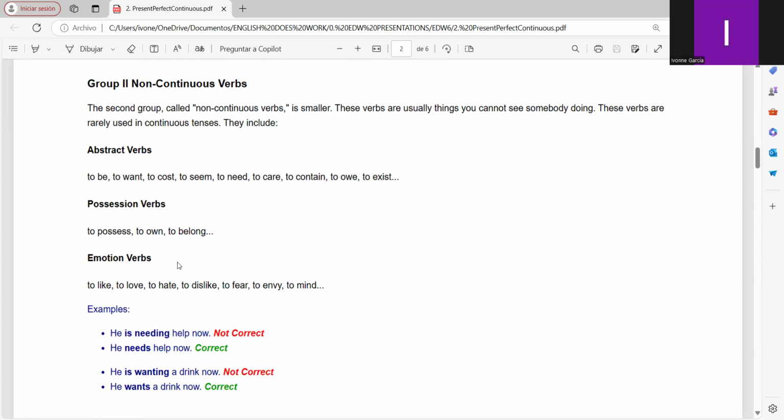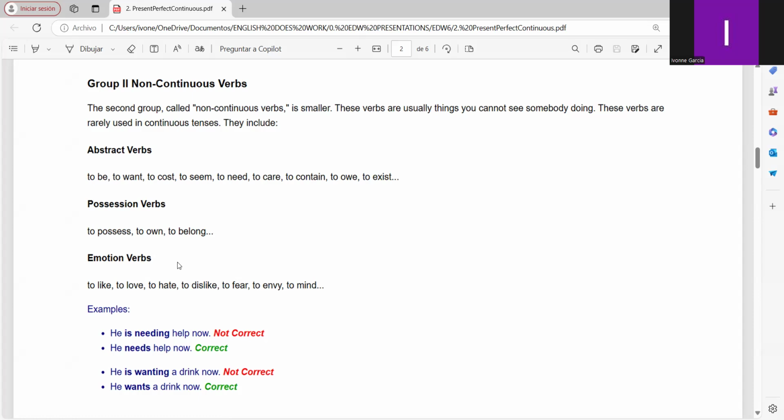Here are some examples. He is needing help now. That's not correct. He needs help now. So I need to use the present simple. He's wanting a drink now. So he wants a drink now.